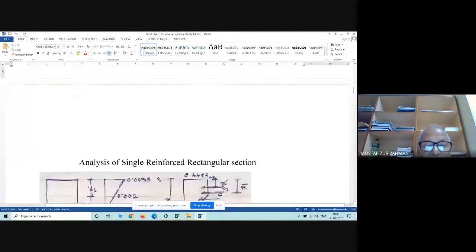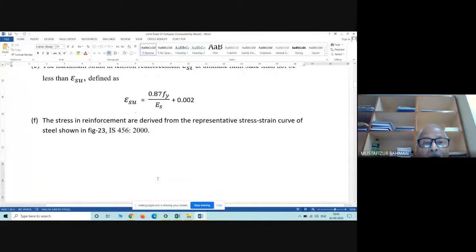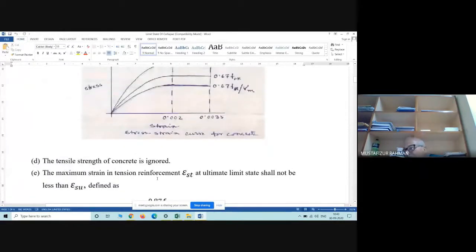Okay, so with the help of these assumptions we will be able to enter our real field. Now let us come to the real field with the help of assumptions.